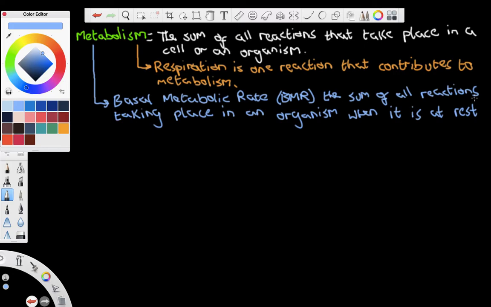Now, there's lots of reactions that take place in your body at any one time, and all of these reactions contribute to your metabolism.